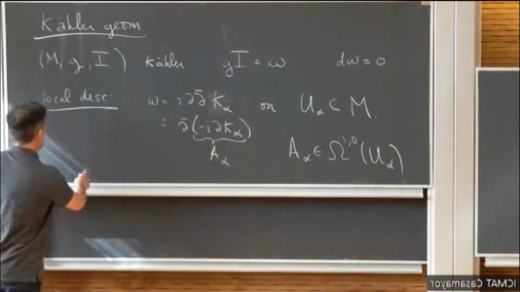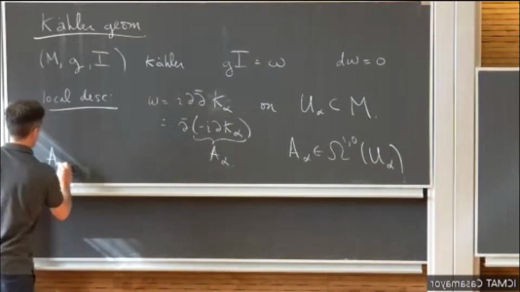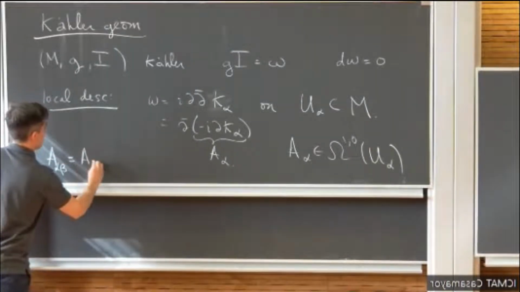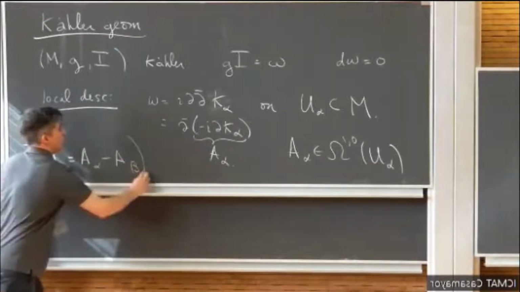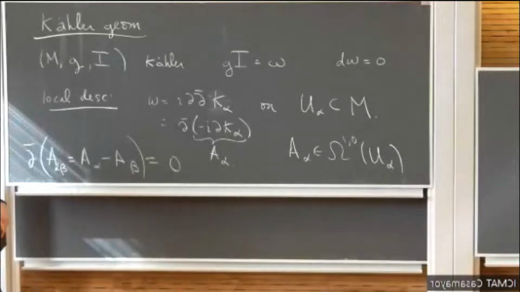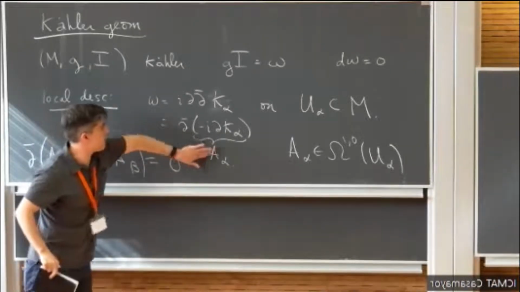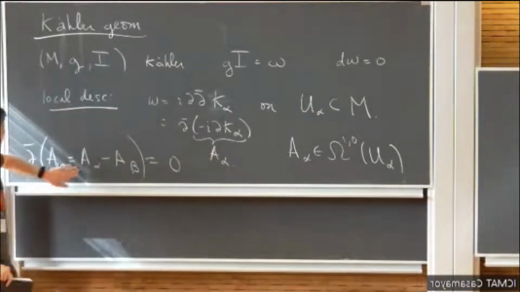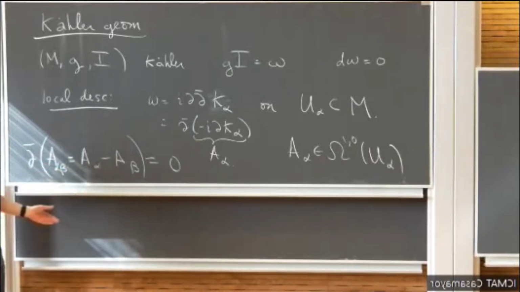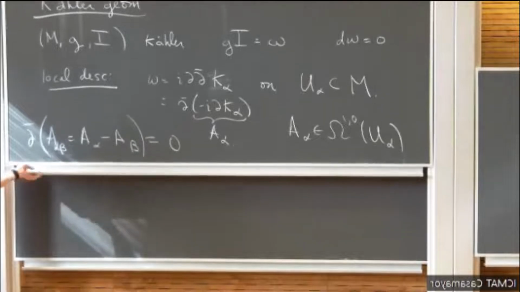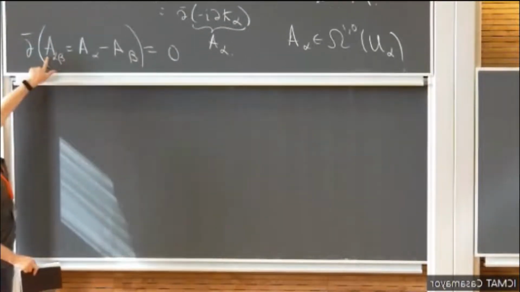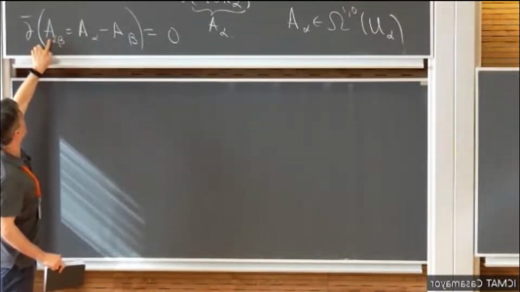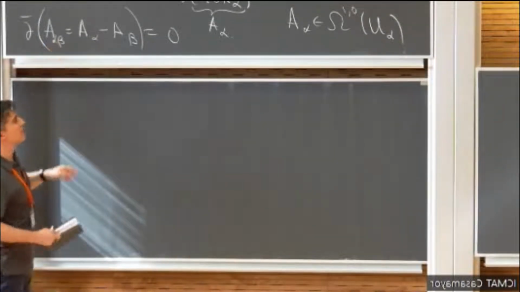However, if I look at the difference of A alpha and A beta, then this is holomorphic, because the d bar of A alpha is global, and so it doesn't matter whether you take d bar of A alpha or A beta, you will get something whose derivative is the Kähler form.